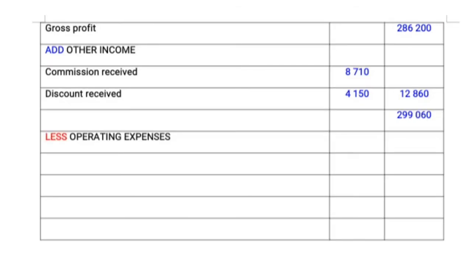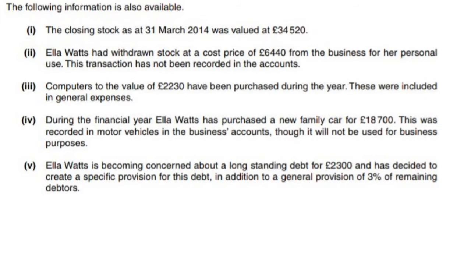Less expenses. I normally start with expenses which are found under additional information, so that we start with adjustments first. Right. So additional information number 2, we have dealt with it already. These are drawings for goods.